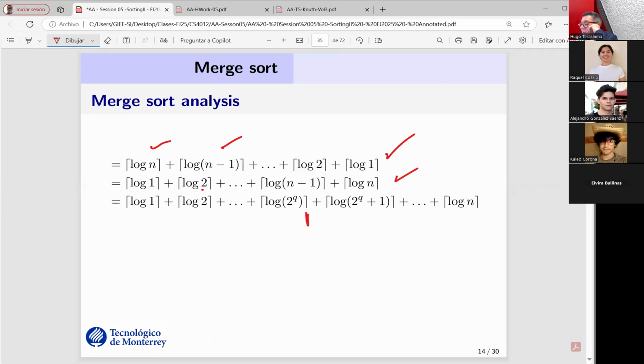Up to here is 2 to the q, and then this one up to n. So up to here is like 8, and this is 9, 10, 11, 12, and 13, these numbers.